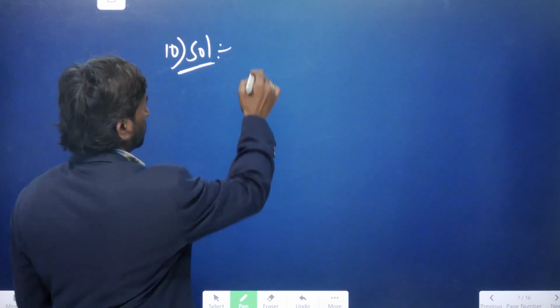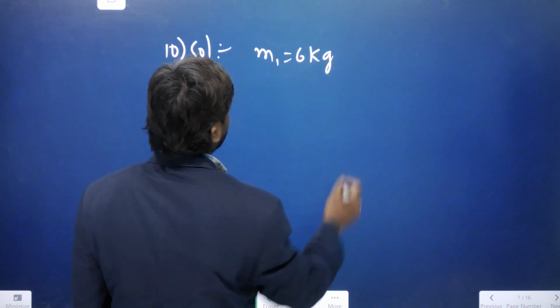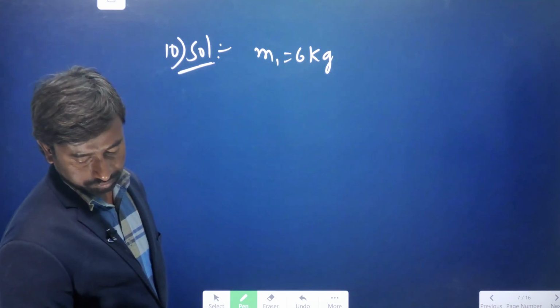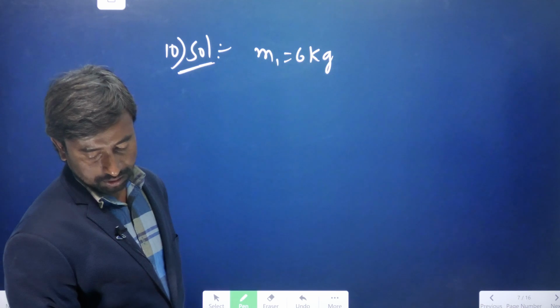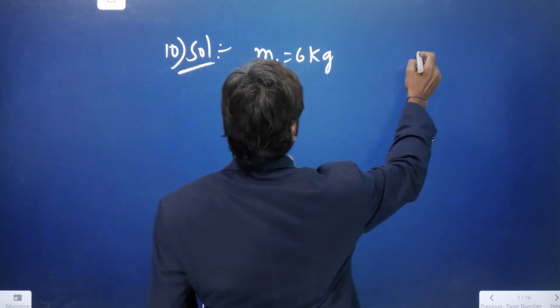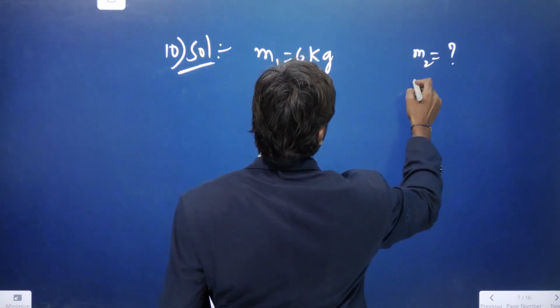M1 mass is given here, 6 kg, and it makes an elastic collision with another body which is at rest. So for the other body, M2, we don't know the mass; that we need to find out. This is at rest.